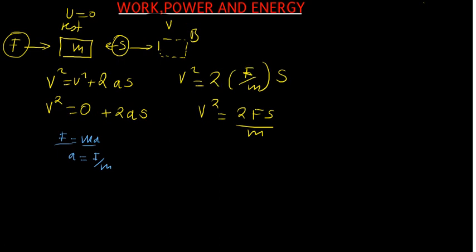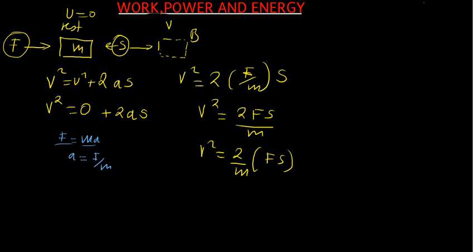Now let me rearrange this so that I remain with only Fs alone. What I'm going to have is v squared is equal to 2 over mass and then Fs. I haven't changed anything, I've just written it like that. It's the same thing really.